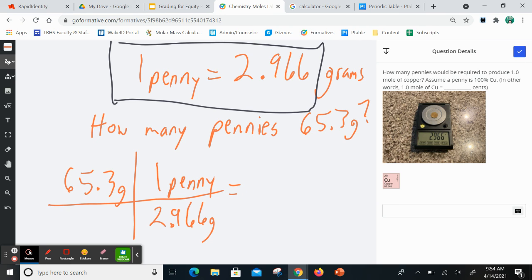And that'll tell us how many pennies it takes to do this. Now, there's other ways to visualize this. This isn't the only way to do it, but if you get up to the point that it takes about 22 pennies to equal a mole, then you did good work. So 65.3 divided by 2.966 is 22.01. So basically 22 pennies will get you a mole.